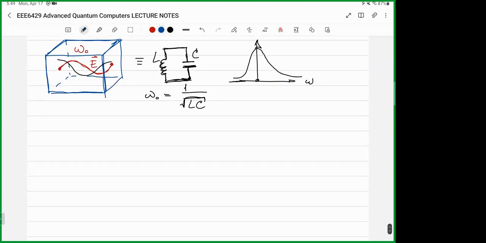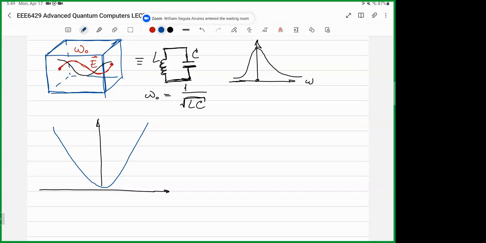So if I schematically draw the energy spectrum of this LC resonator, it would be the energy spectrum of the harmonic oscillator.